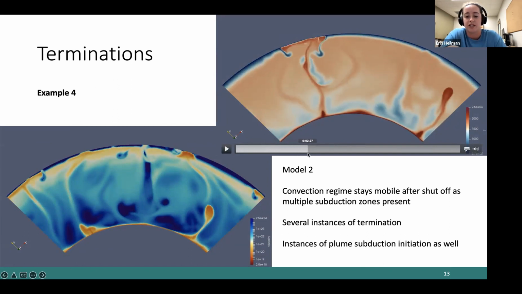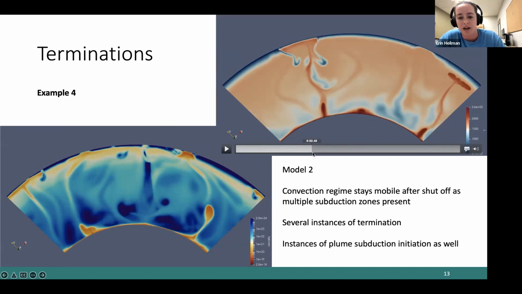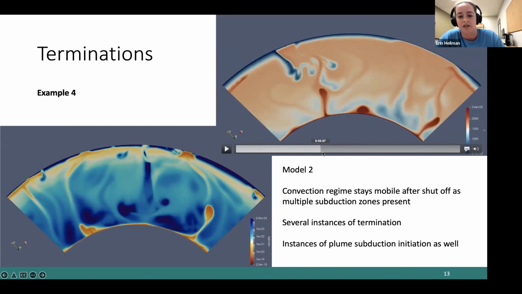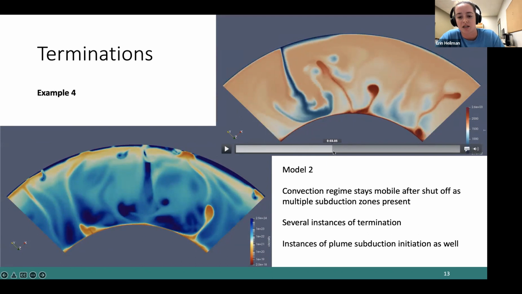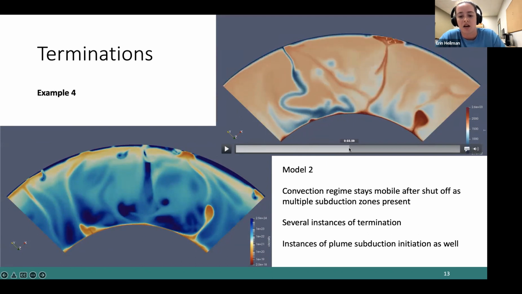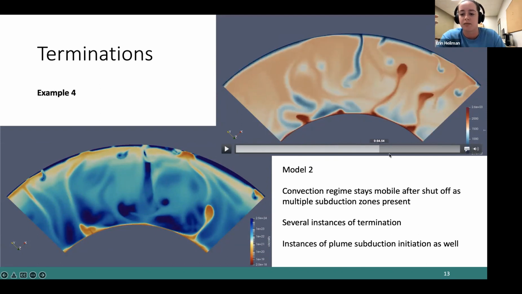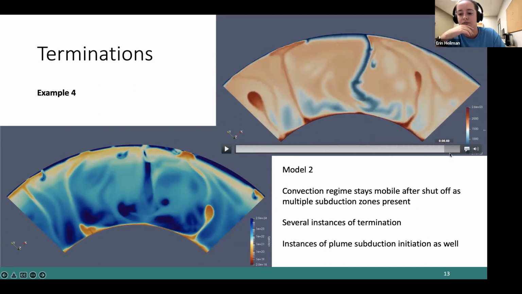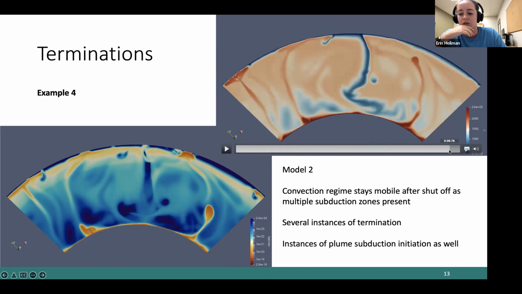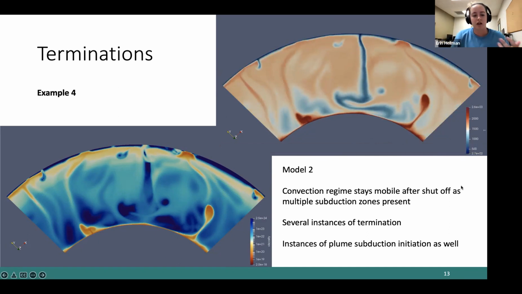You see initiation happening around this plume head, where slabs start subducting. And you see another slab turn off while you also have more slabs being introduced. So these models started off pretty simple, but they end up getting pretty complicated dynamics.